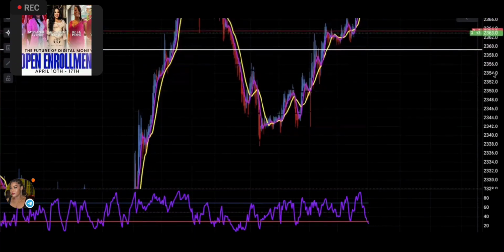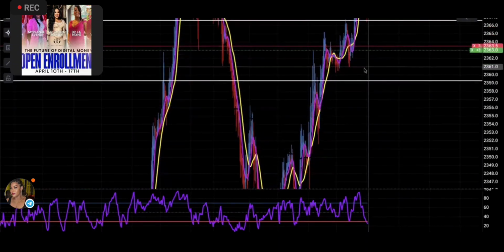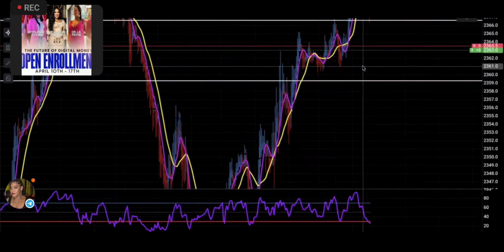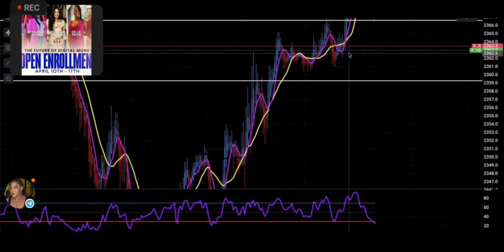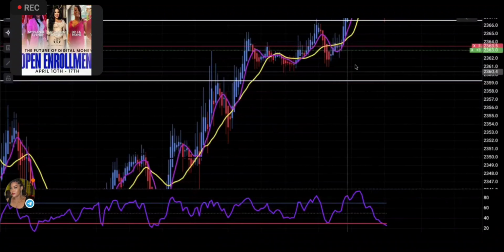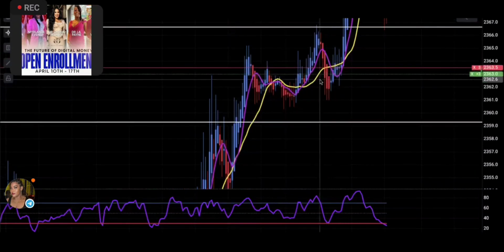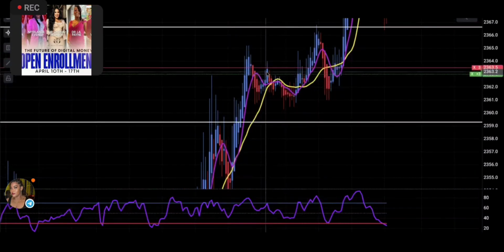And how am I choosing this area? I'm looking for where the candles are. That's all I care about. Where are the candles hanging out? They're hanging out right in here. Where's the market definitely going to shoot through? As you can see, it's consistently shooting through this area right here.